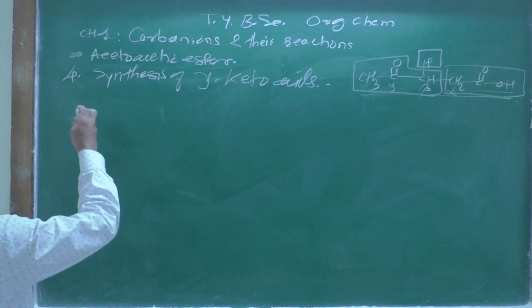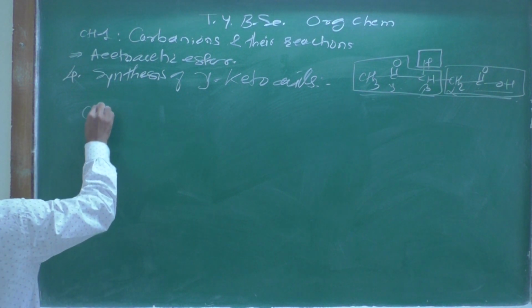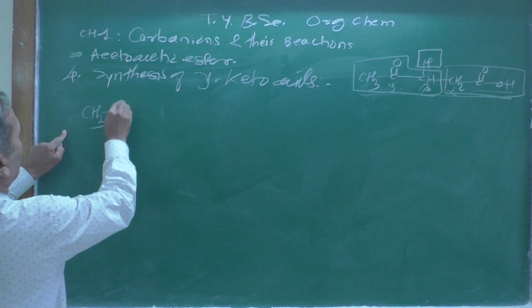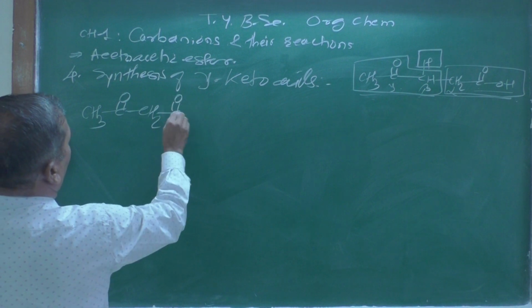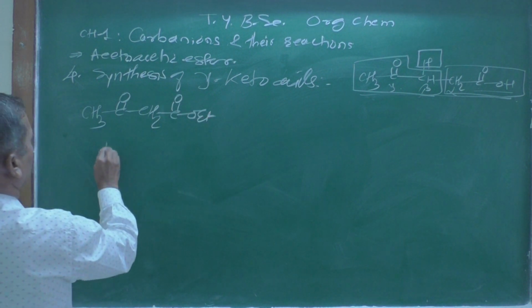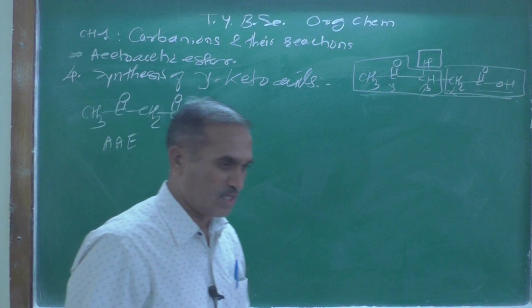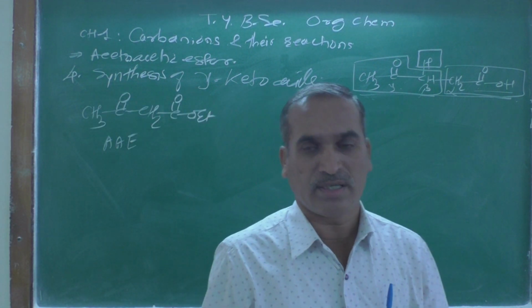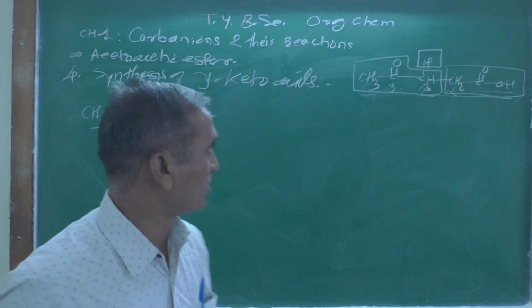Now let us see what that is. Here, as we know, the starting compound is CH3 C double bond O, then CH2 C double bond O, OEt, that is acetoacetic ester, right? Acetoacetic ester, or it is known as ethyl acetoacetate or beta-keto ester.